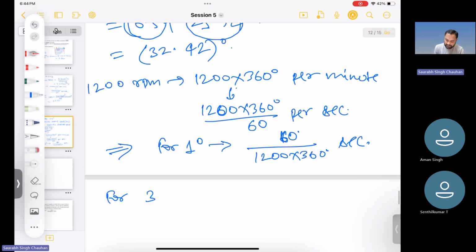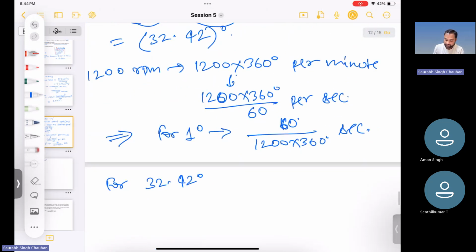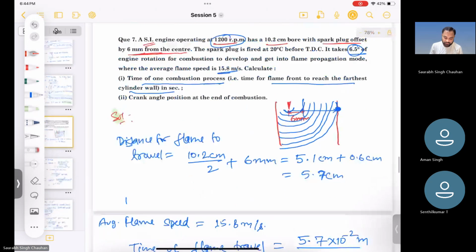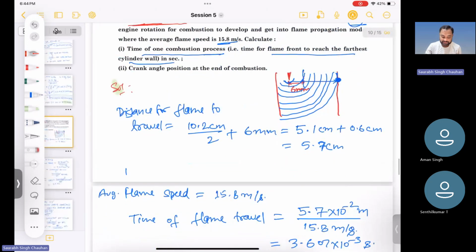So for 32.42 degrees, the total time is 60 into 32.42 divided by 1200 into 360. So this will be the time for one combustion process, from the start of the ignition to the time when the flame front reaches the farthest cylinder wall, correct?